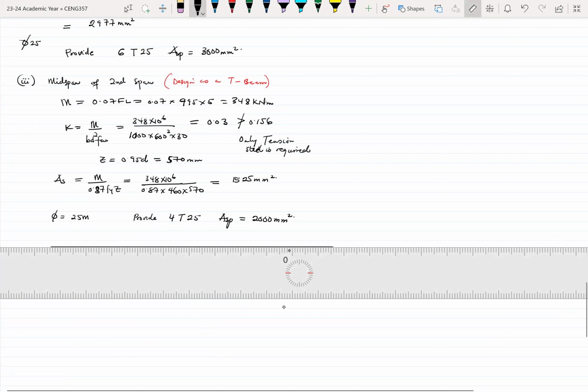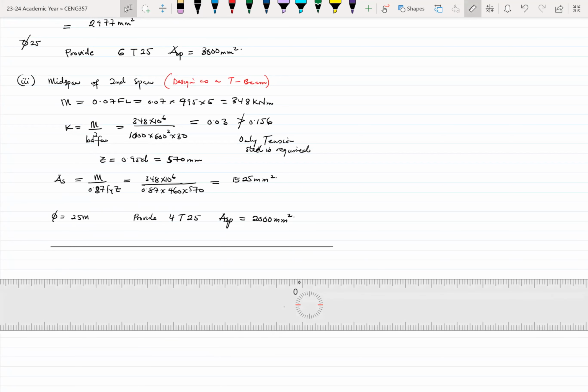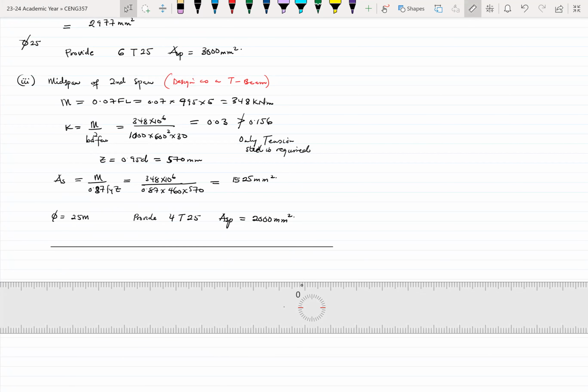Let me exaggerate the width of the beam, or the depth of the beam. How many supports did we have? 2 supports.